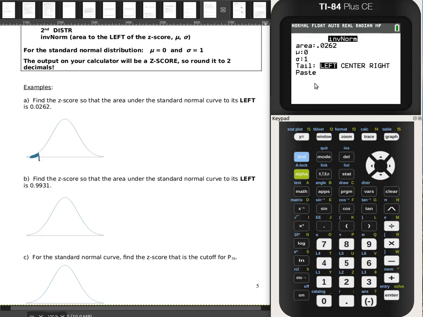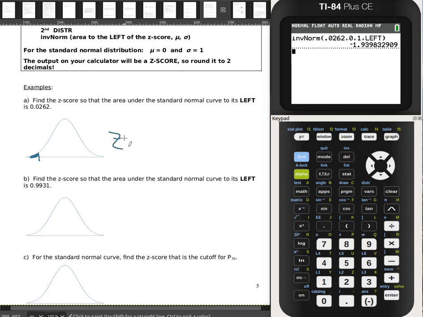The area is to the left, so we will just keep that one. So that z-score that goes here is negative. And remember, we will round to 2 decimal places for this one. So it's a negative 1.94. So that was a big success.